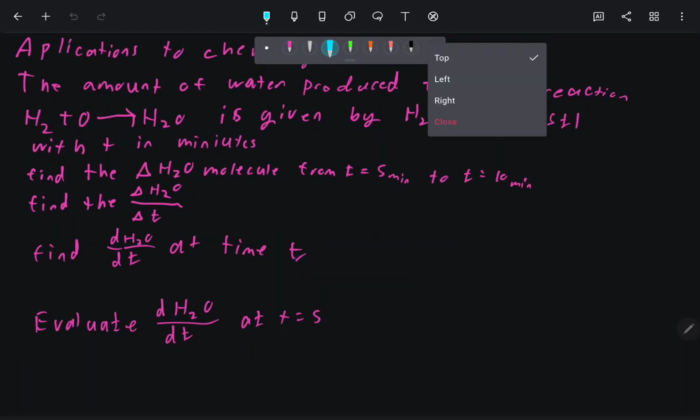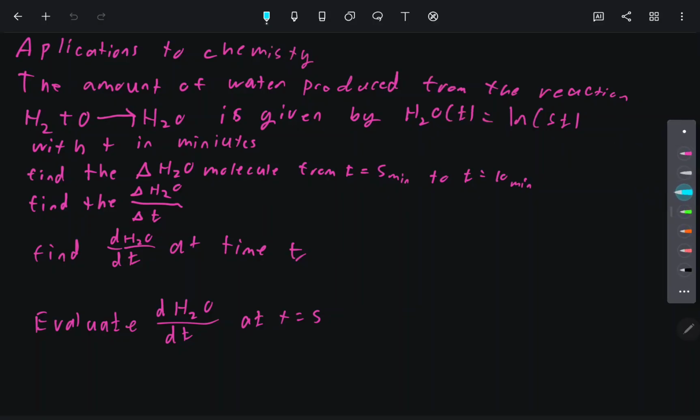For this next problem, or rather for an introduction of this topic, chemists will oftentimes have to measure the amount of chemicals at a certain time that is reacting. They will do this by measuring the amount of molecules produced by a reaction.